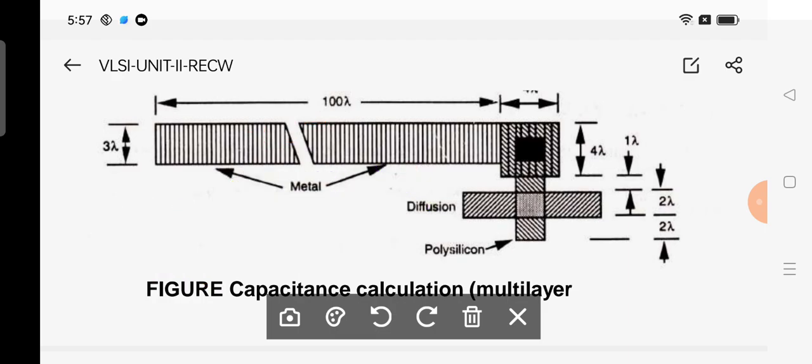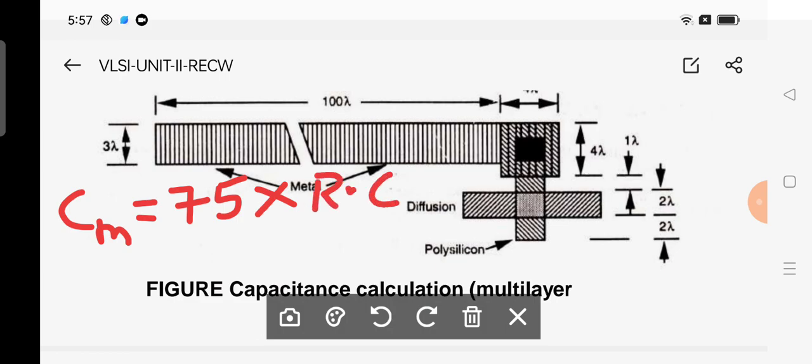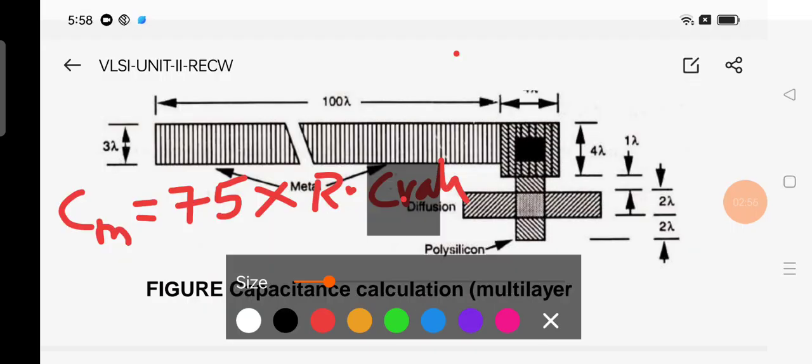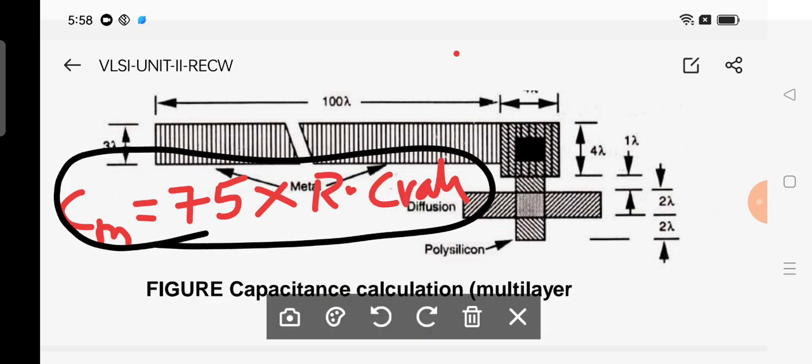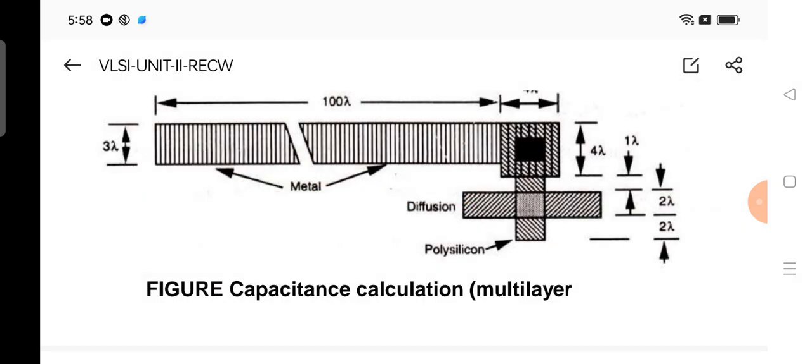Now I am going to find the capacitance of the metal, which is equal to the relative area, 75, times the relative C value. We have to take the relative C value from the table of typical values of capacitance. Is it clear? Now what is the relative value of metal?